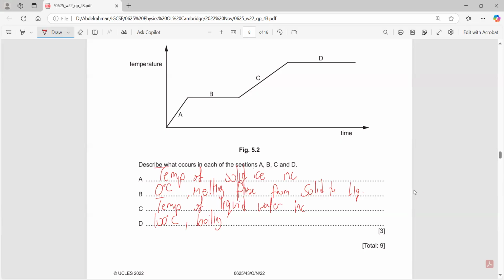Boiling phase, from liquid to gas. You might say in B and D you have a constant temperature, in melting and boiling. Okay, good.